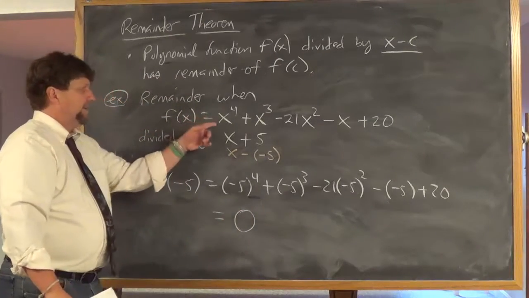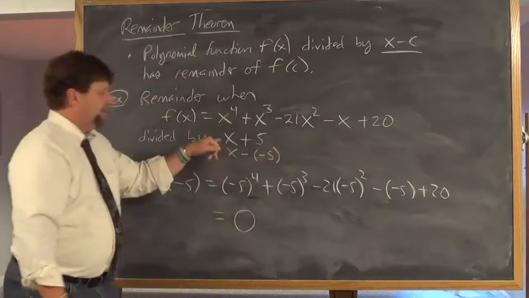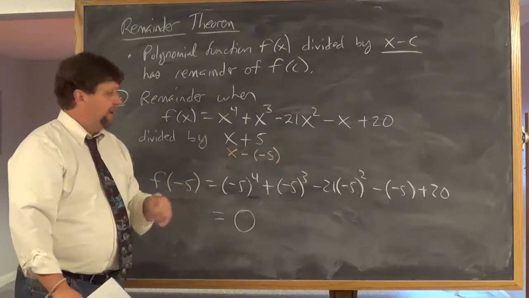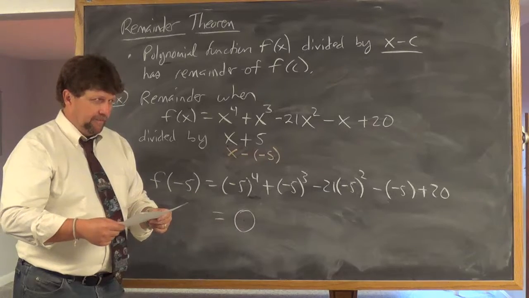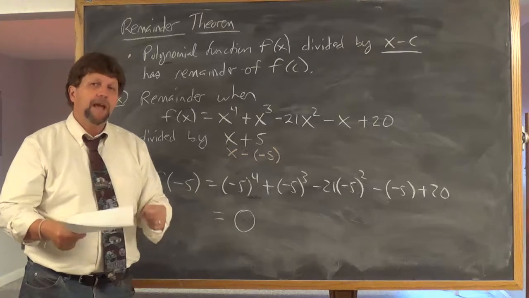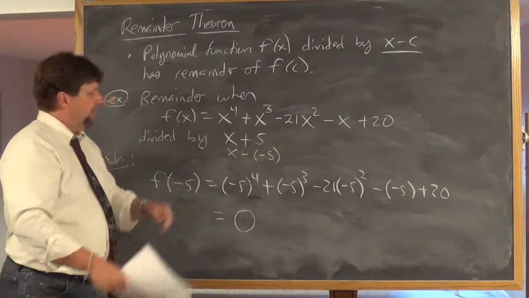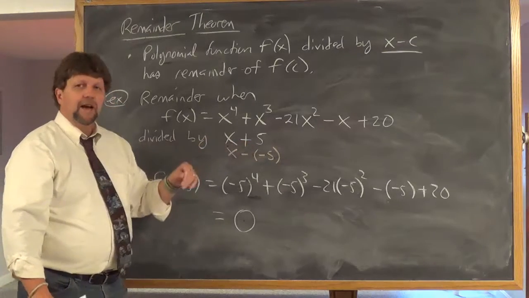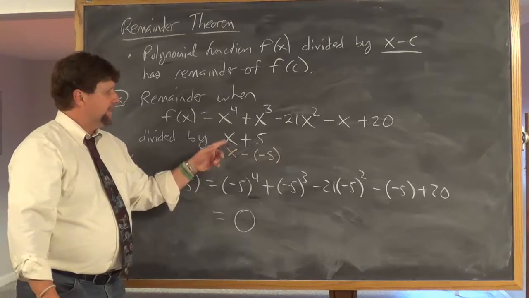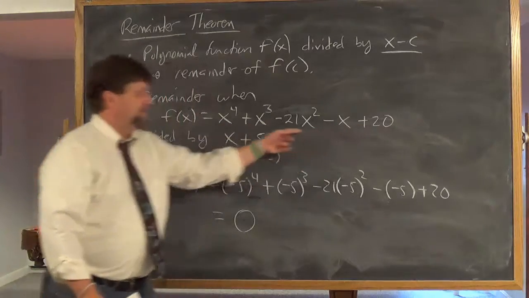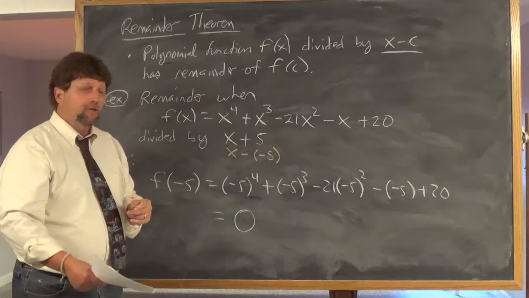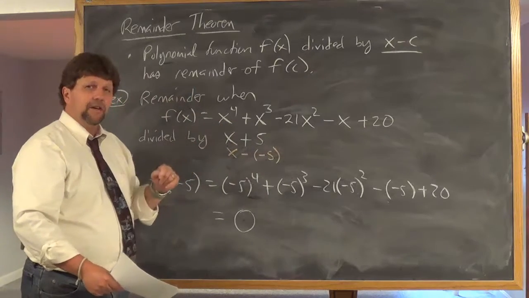So when I divide this polynomial by x plus 5, I get a remainder of 0. Hey, if I get a remainder of 0, that means x plus 5 is a factor of this big ugly polynomial, which is kind of cool. I now know a factor.